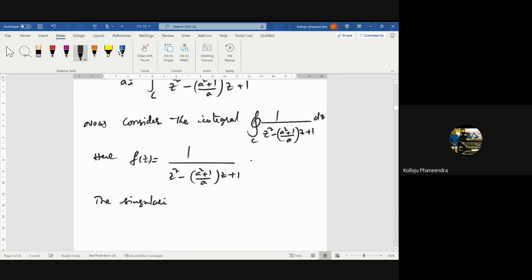I have to apply the residue theorem, so I am applying yesterday's method. The singularities are where the denominator is equal to 0.